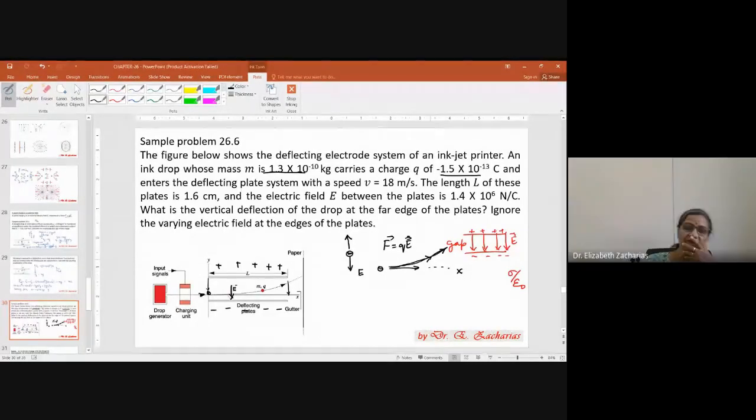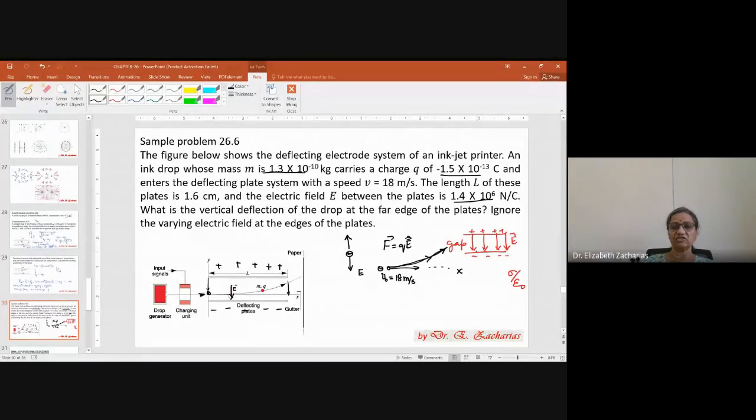Now what you're supposed to do is this: the mass is given, the charge is given, and it is entering the deflecting plates with a speed of 18 meter per second. So let the initial speed be 18 meter per second before it enters. The value of the electric field is given as 1.4 into 10 to the power of 6 Newton per coulomb.